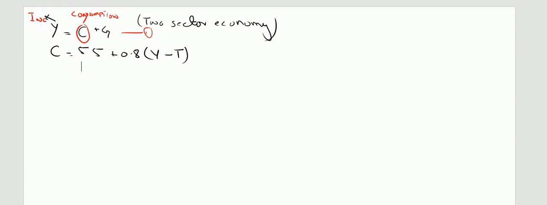Now come to this bracket, which shows Y minus T. Y minus T is actually disposable income. Disposable income means the income which we obtain after subtracting the tax amount from that income. Here Y represents the income and T is the tax revenue.